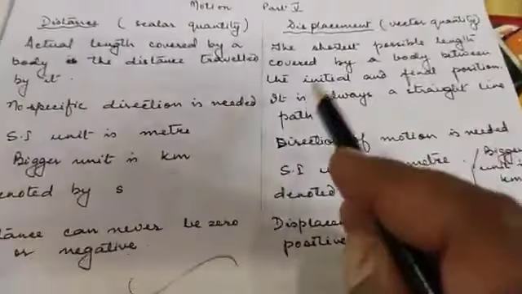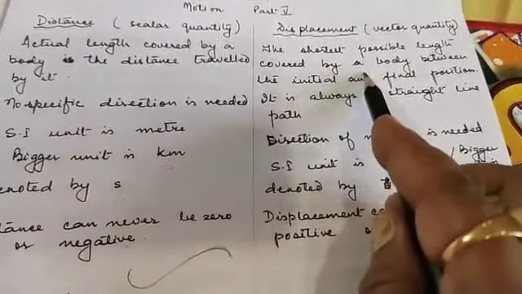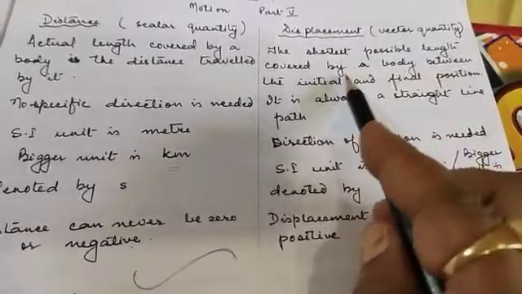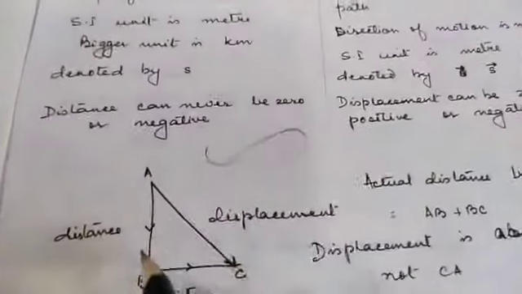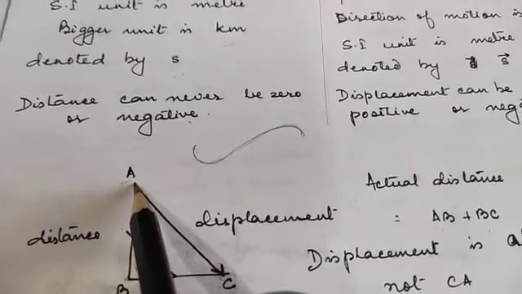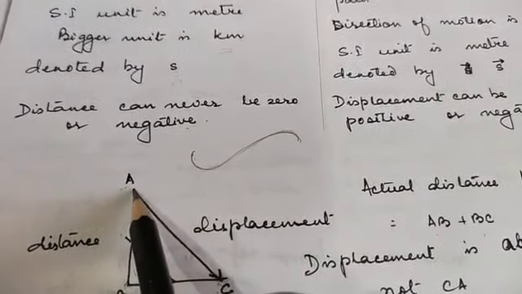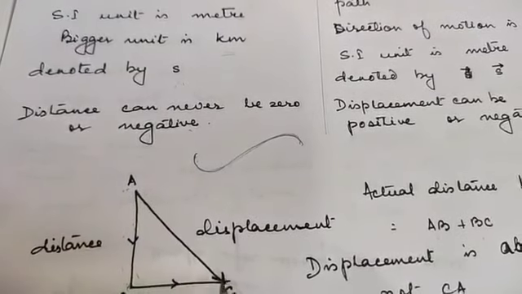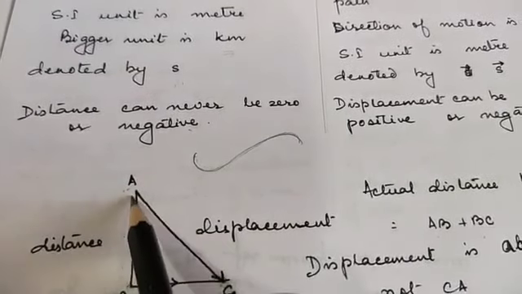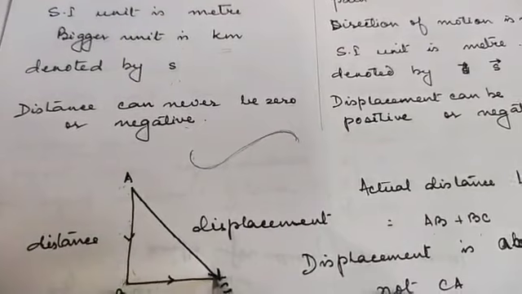But then what is displacement? It is the shortest possible length covered by a body. What is the shortest possible length? A has to reach to C. So it can go straight from A, it can directly come to C. So this is the shortest possible route that it has.